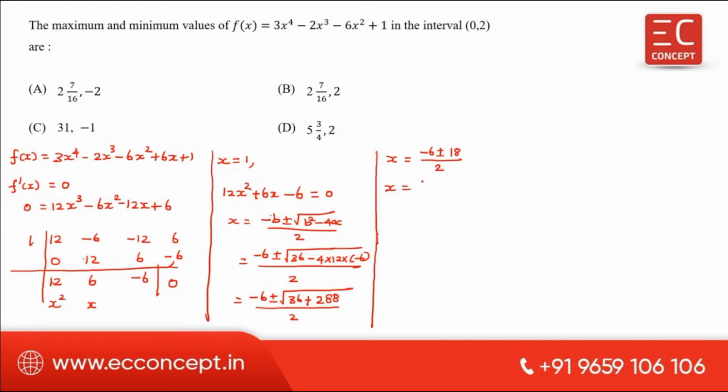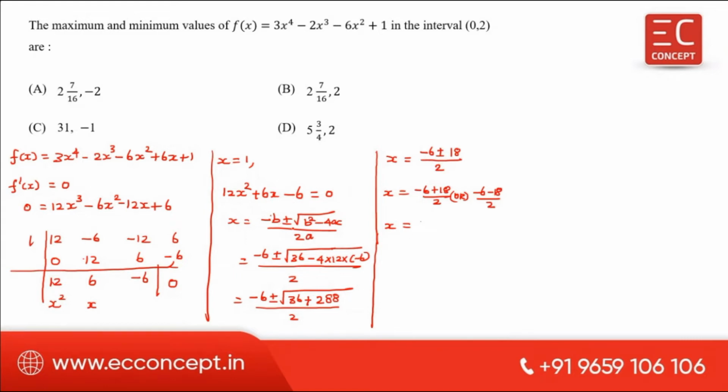Now we can write x is equal to minus 6 plus 18 divided by 2, or minus 6 minus 18 divided by 2. Actually the denominator is 2a, right?